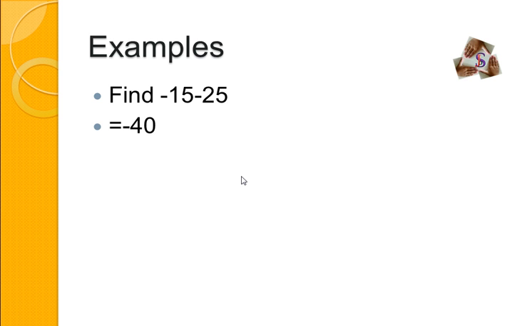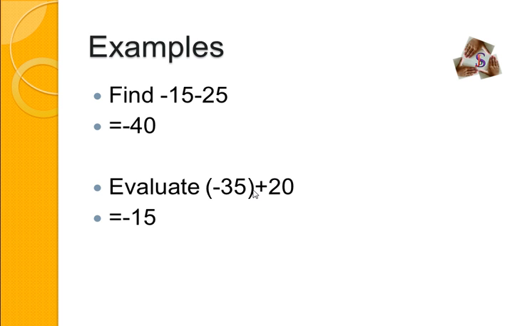Now let us look into another example. Minus 35 plus 20. So step 1 talks about seeing the sign. Here the signs are different. So when the signs are different, we will subtract. So 35 minus 20 is 15. Now what about the sign?